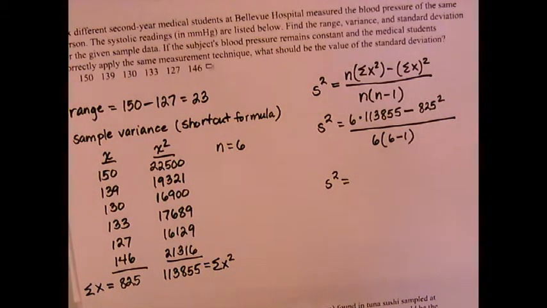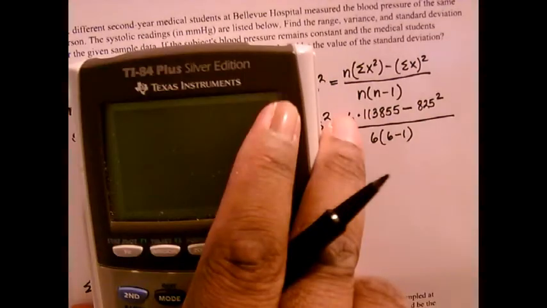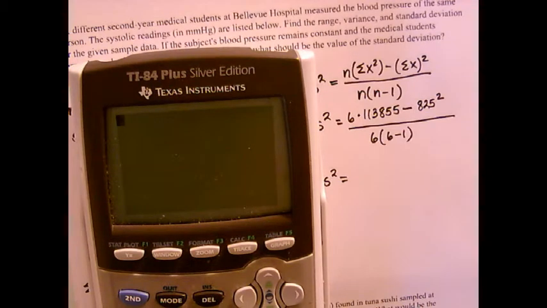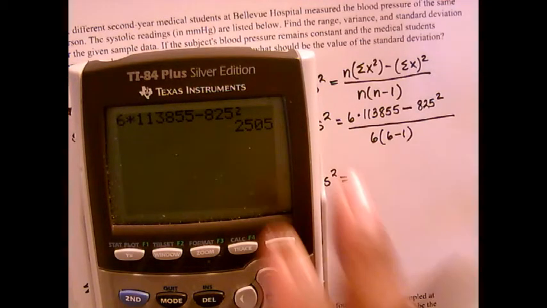So in this case here, if I do 6 times 113,855 minus 825, and then you square it by hitting your x squared button on your calculator, the numerator will be 2,505.